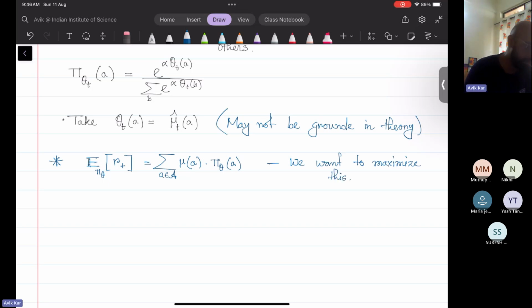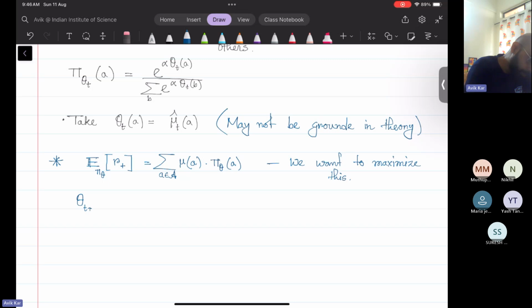So I guess you all have studied stochastic gradient descent or the gradient descent algorithm. What you do there is you have a parameter theta t. In the context of a neural network, the weights and biases are your parameters.